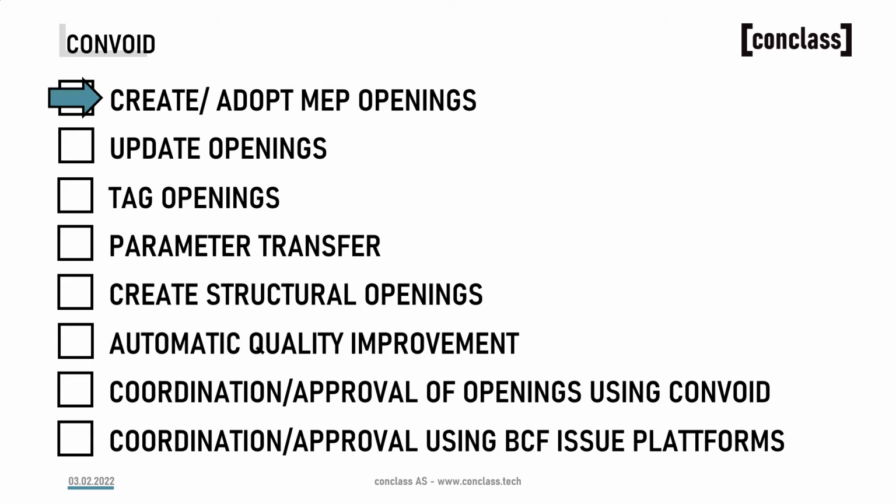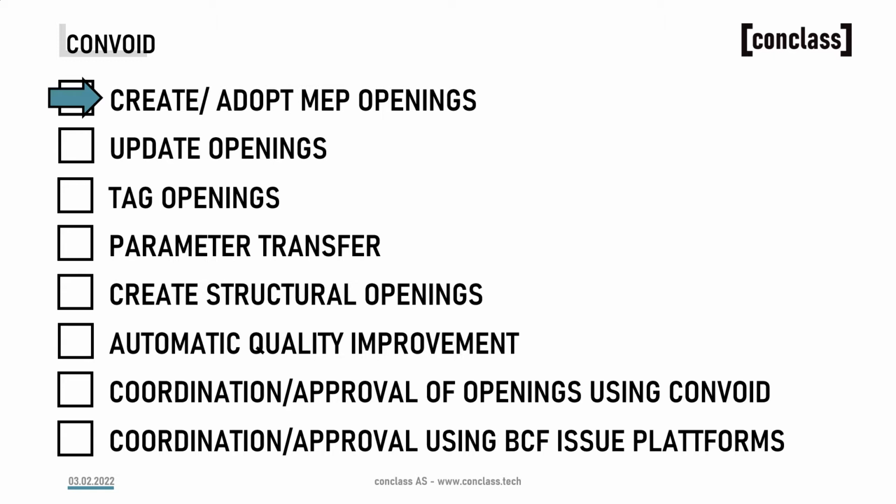In the next 40 minutes, I will show you a project example. First, I will demonstrate how to create or adopt MEP openings, also called provision for voids. After that, I will show you how to update openings if the MEP engineer modified his model. The next topic is how to take openings in 2D views. After that, I will show you the parameter transfer feature.